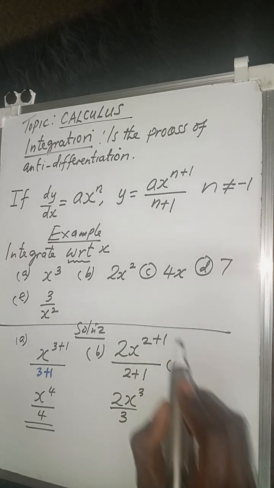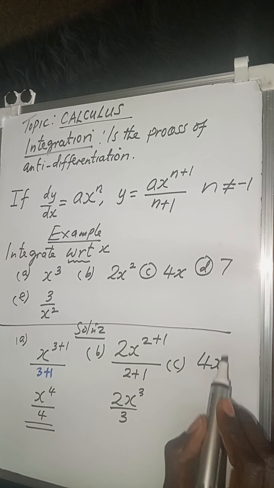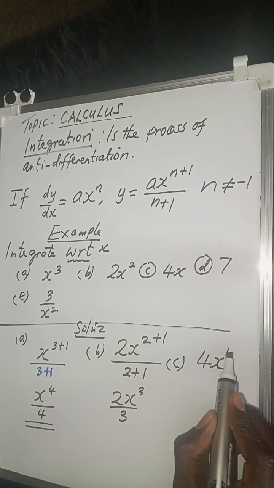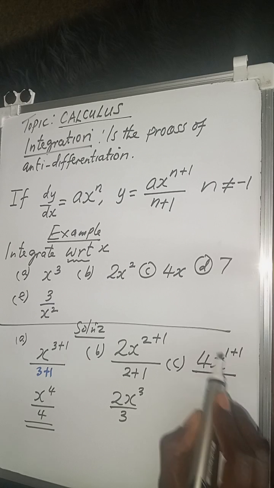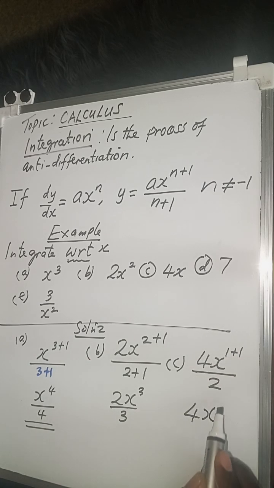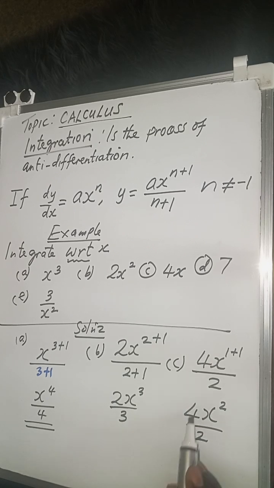What about the c part? It says 4x. Remember, already there, it simply means you have a 1. So you are going to say 1 plus 1. So you divide by the new power, which is a 2. So it will be 4x raised to the power 2 divided by 2. Remember, 2 can go into 4. 2 into 4 is 2, so 2x raised to the power 2.